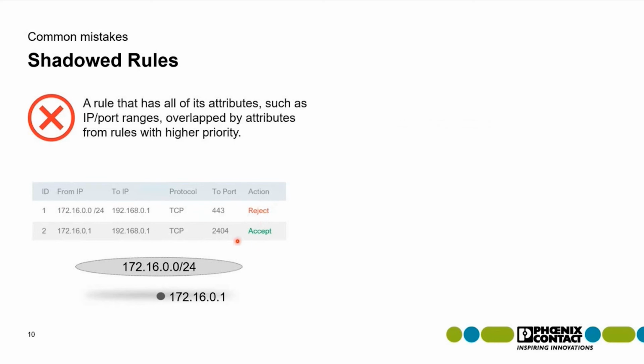So for example, in this case, the source IP in the first one is a range, it covers a subnet. But in the second one, this device is inside this subnet. So if you have this rule before the second one, then the second one will never be executed.